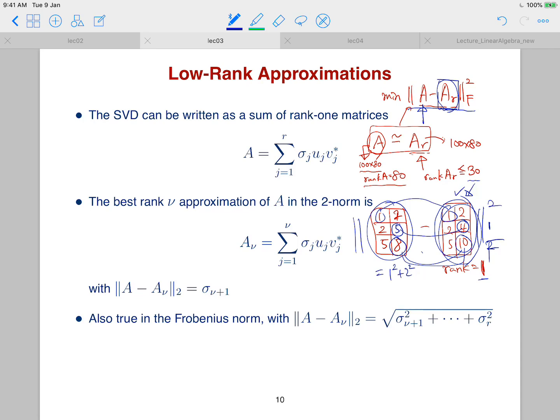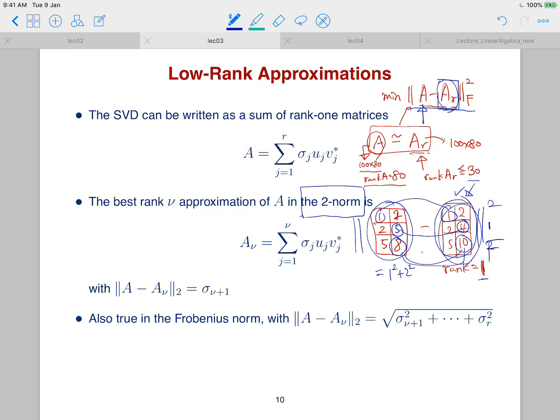Okay, and then although it is less used compared to the Frobenius norm sense, we can also do low rank approximation in terms of a 2 norm sense.